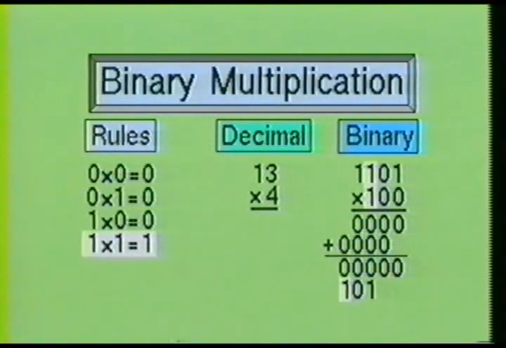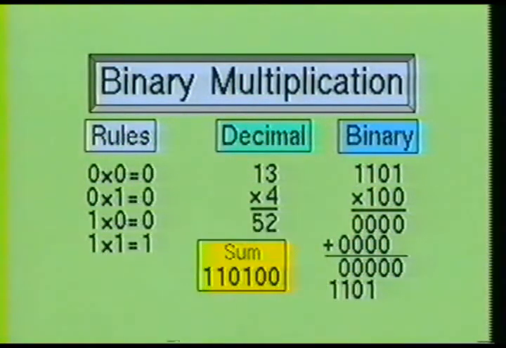Again, we multiply 1 times 1, and the product is 1. And again, 1 times 1 equals 1. Next, we again add the two partial products using the rules of binary addition. Our answer is 110100 binary. When we convert this to decimal, we see that the answer is 52.